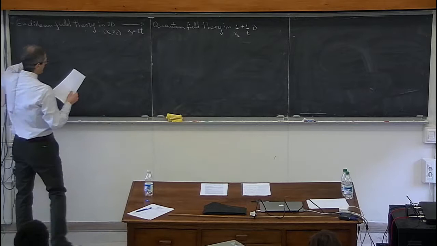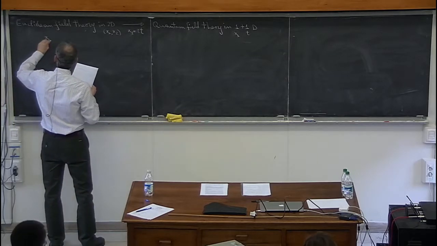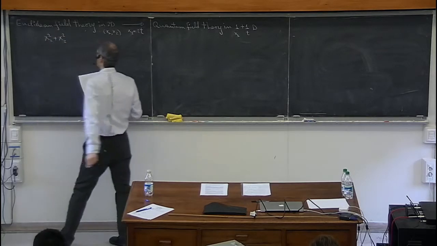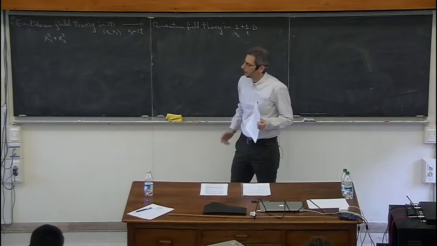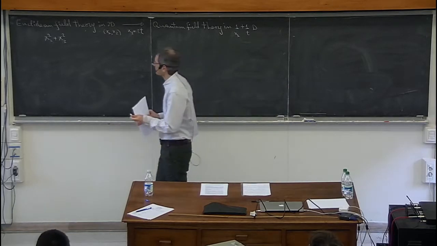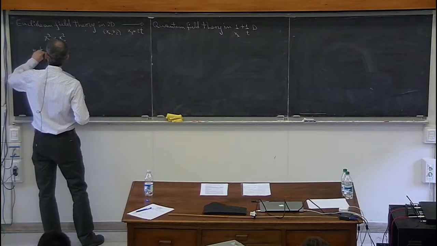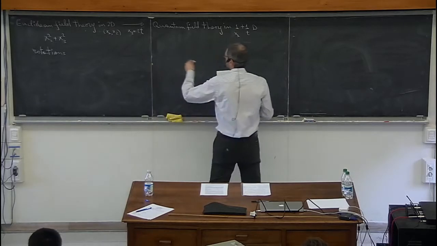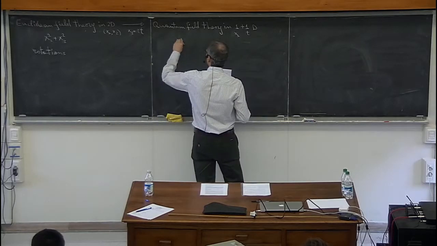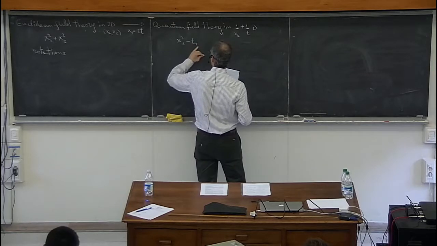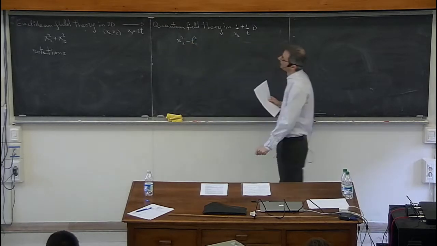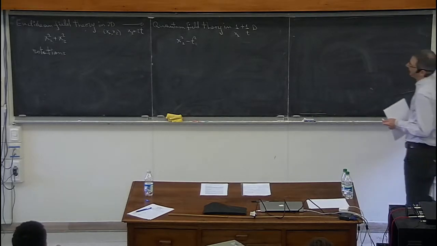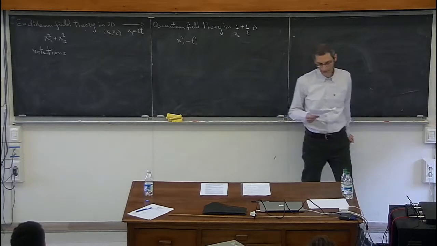Now, in this Euclidean field theory, the quantity which is invariant is the Euclidean distance of a point from the origin. This is invariant under Euclidean rotations. On this side of the correspondence, the quantity which is invariant is this, which is the distance of an event from the origin of events.